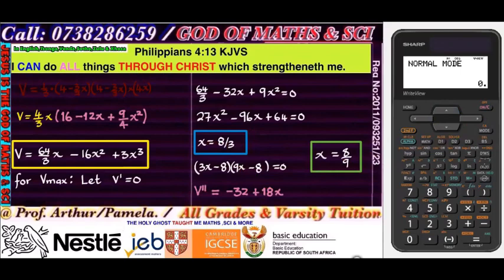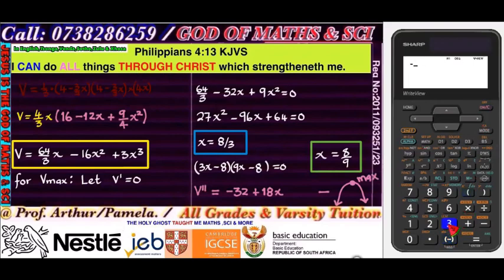Why? Because remember, negative for the parabola is actually a sad face, and a sad face has a highest maximum turning point. That's what we're dealing with. Are we good? So watch now.